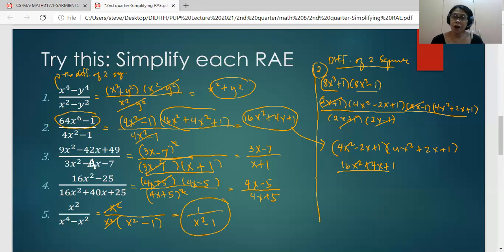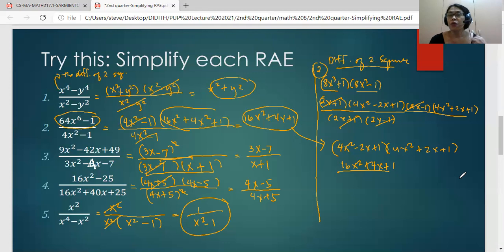So this is how we simplify our rational algebraic expression. Now, another reason why we need to simplify rational algebraic expressions, similar to fractions: whenever we perform operations on fractions, the answer has to be simplified or reduced to its lowest term.